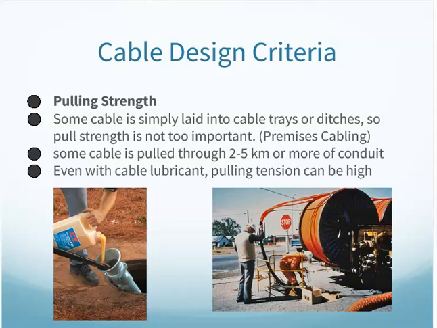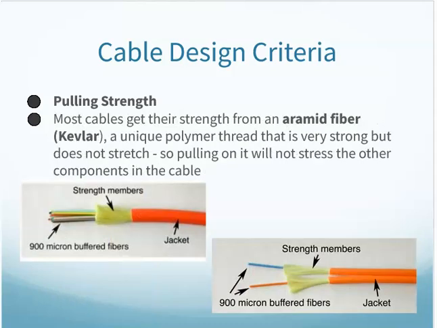With outside plant, I might be pulling cable through 2 or 3 kilometers of conduit, and even with using pulling lubricant, which is there to reduce the friction, you can still have, I think they said in there, something like 800 pounds of pulling force. Basically a half ton of pulling force installing the fiber through those conduits.